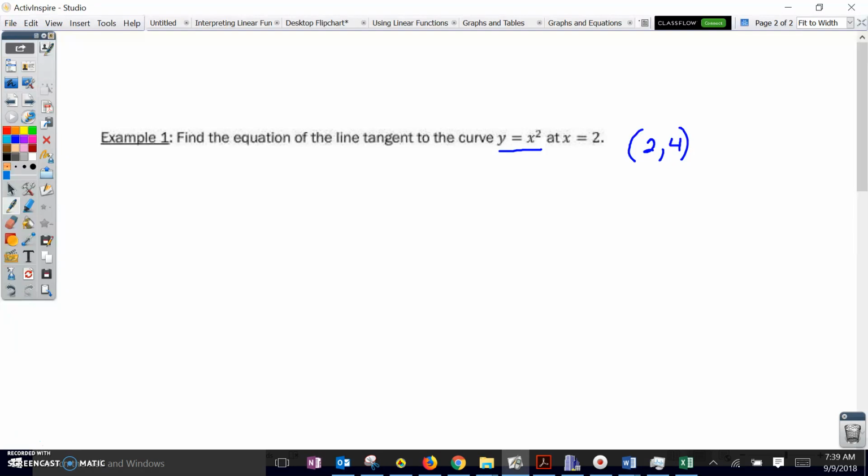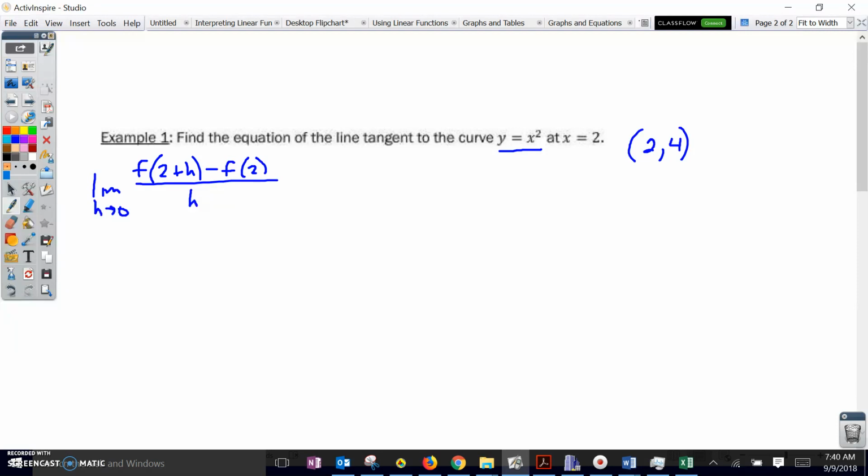And now I need the slope or instantaneous rate of change at that point. In order to find that, we're going to use our limit and find the instantaneous rate of change. So we want the limit as h goes to 0 of f of 2 plus h minus f of 2 all over h.